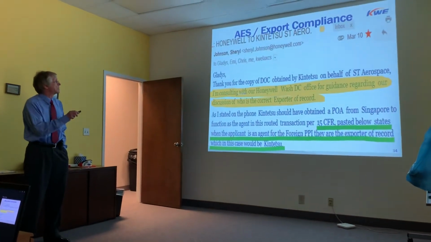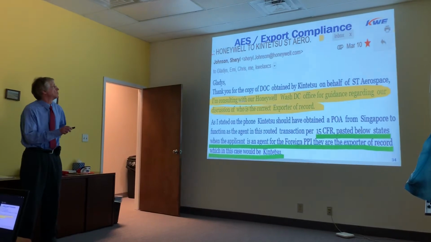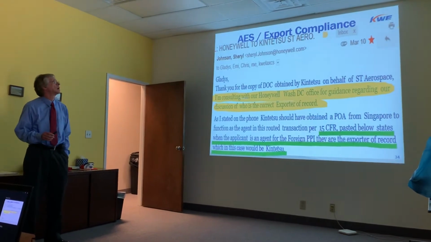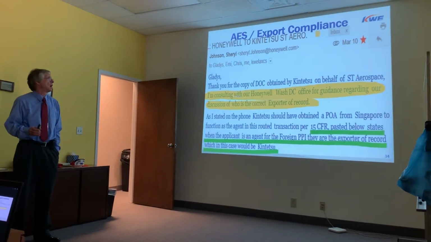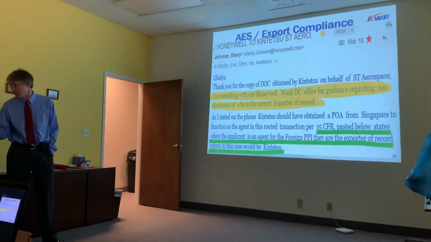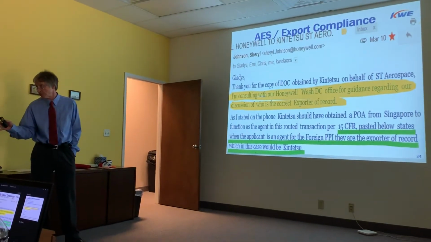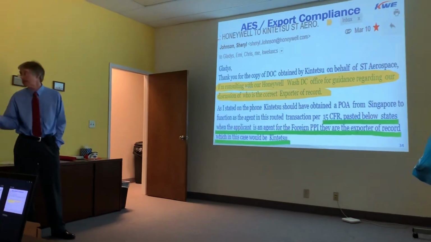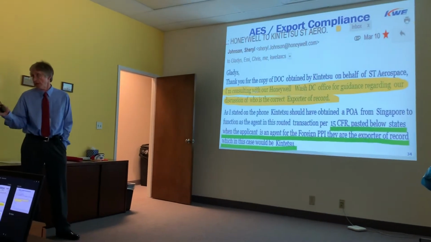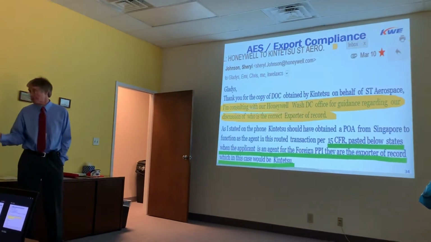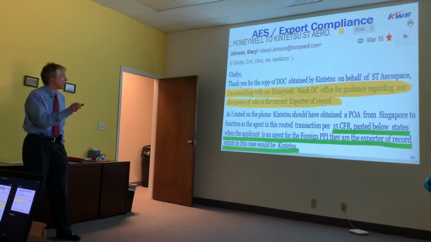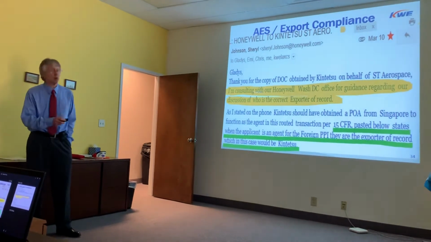We had the occasion to correspond with someone at Honeywell a couple of years ago regarding a shipment. It's business that we handle to ST Aerospace. Some of you may be familiar with that account. It's principally licensed aircraft parts going to Singapore. They have various suppliers in the United States, one of which is Honeywell.